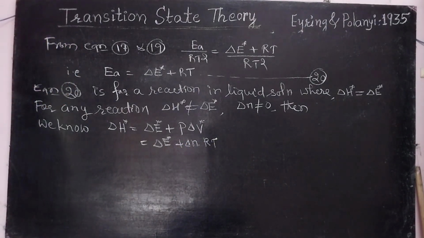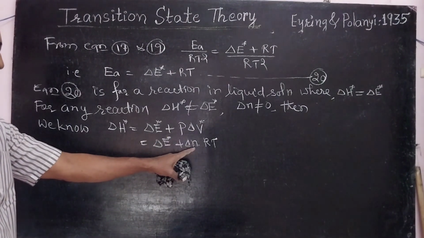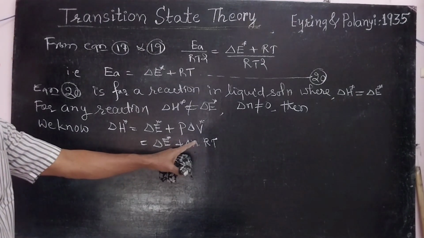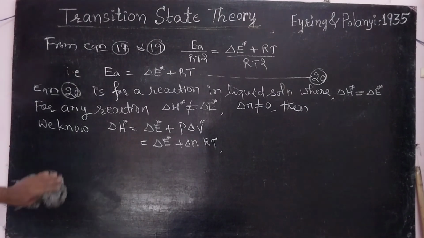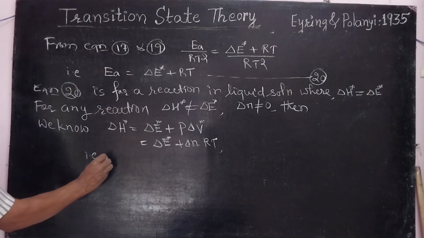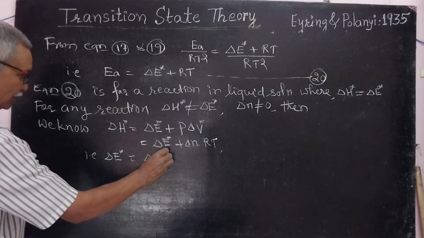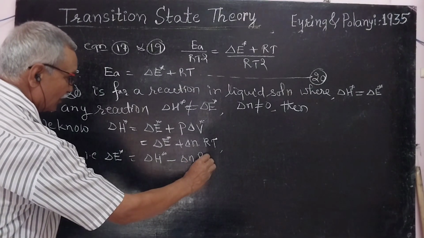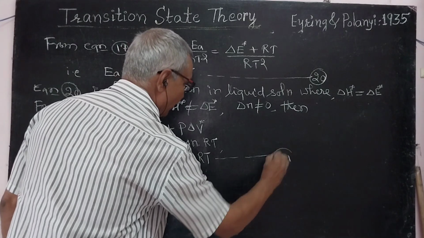For gaseous reactions, we can calculate delta N, the change in the number of moles of gaseous products minus the gaseous reactants, into RT. That is, delta E star equal to delta H star minus delta N into RT. Suppose this is equation 21.